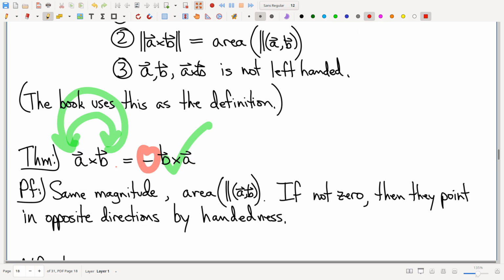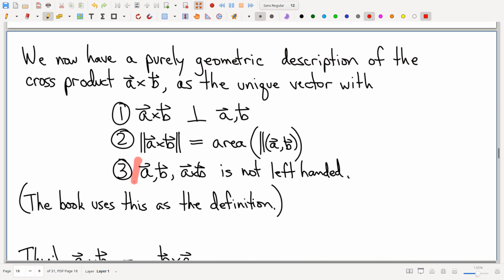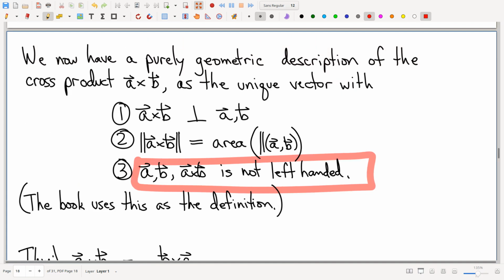No. In the list of how we're doing A, B, and A cross B is not left-handed. Oh yeah, this one right here. What happens if we cycle? Oh yeah, when you cycle a list, that doesn't affect right hand versus left hand. So you're right that this could be rephrased.